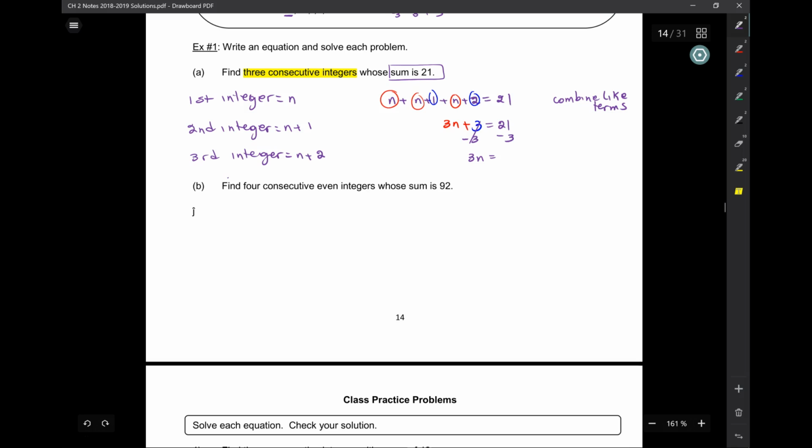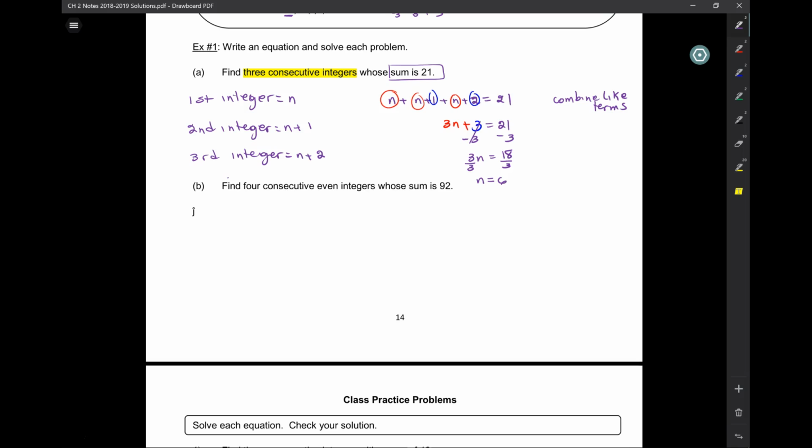So 3n is how much? 18. And now what am I supposed to do? You divide by 3. Right? So n is 6. Okay? Now, n is 6.